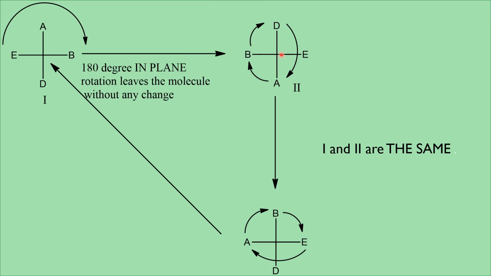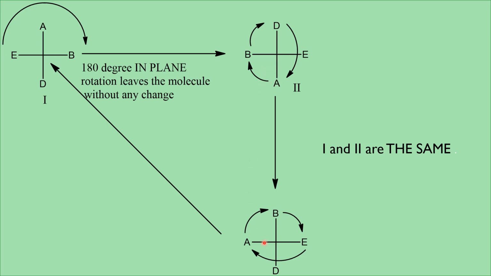Now after doing this, we shall do the exchange of three groups B, D and A. Leaving this group E, these three groups are exchanged without changing their order. Already I told you, exchange of three groups will keep the molecule the same.